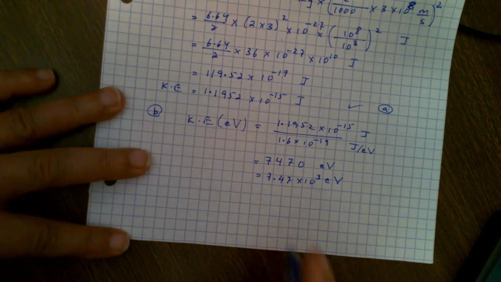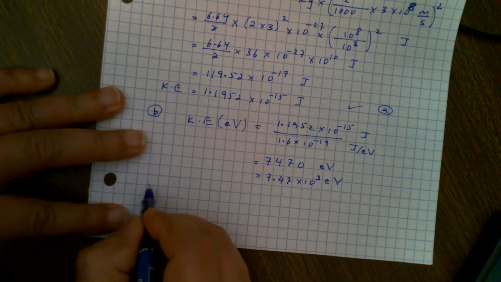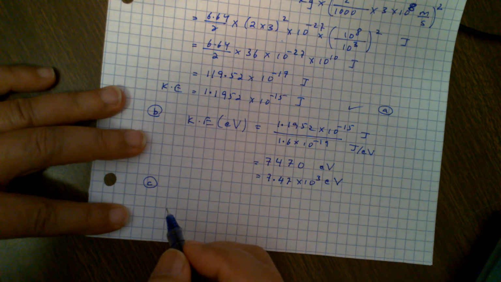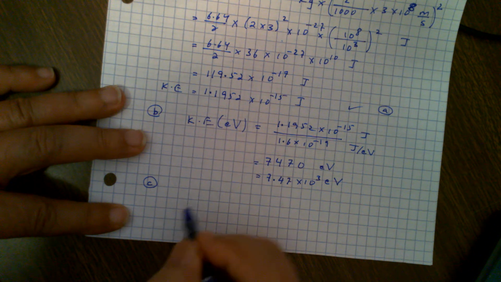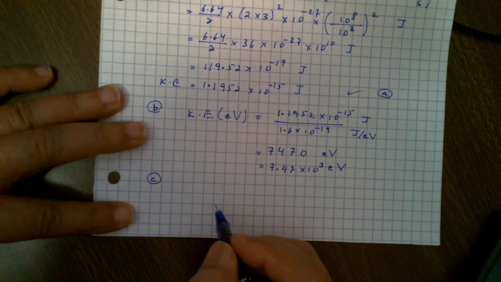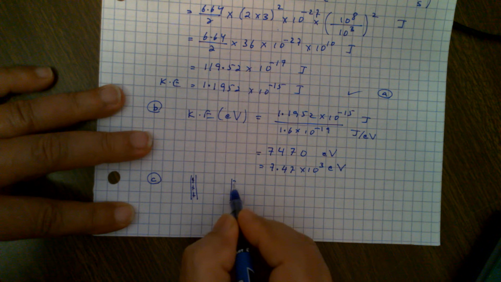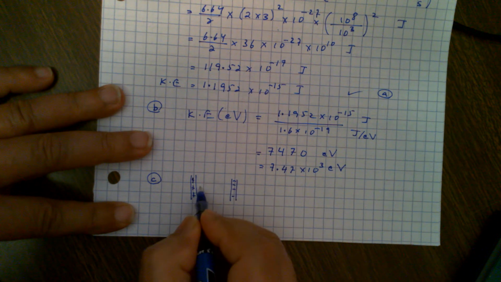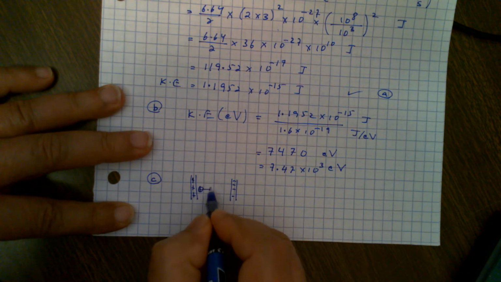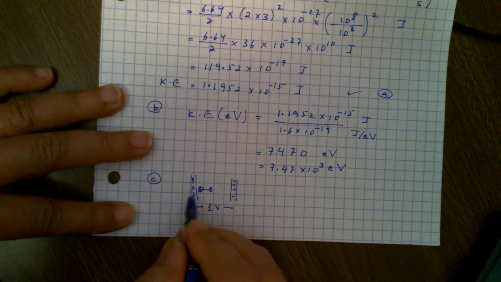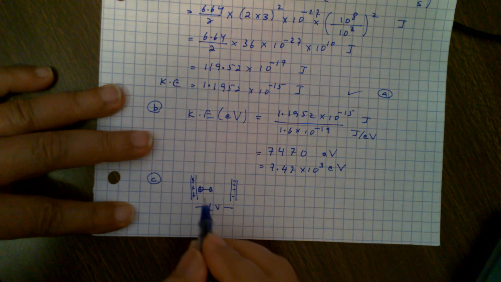Now, part C is to find out how much voltage is needed in order to get this kinetic energy. As we recall, if you have positive charges here and negative charges here between these two plates, and I want to accelerate a charge, and the voltage difference is 1 volt, then the kinetic energy that it will have is 1 electron volt.